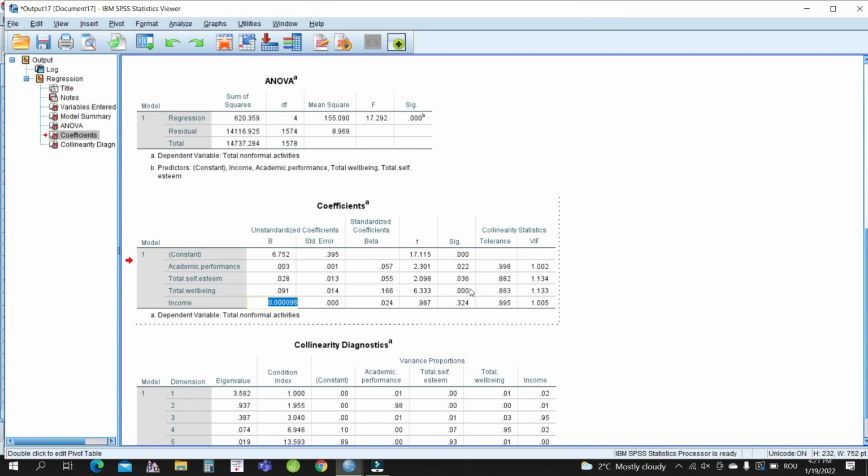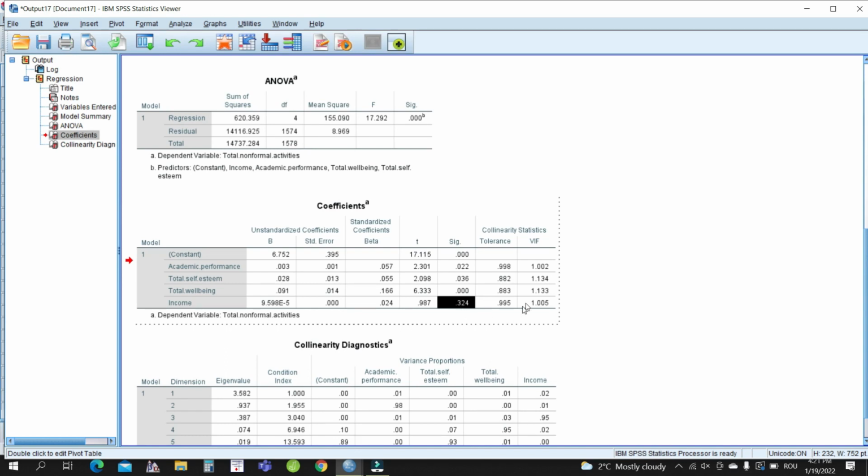As you can see, this probability, which is the p-value or the level of significance, is smaller than 0.05 for academic performance, self-esteem, and total well-being, which means that these predictors are actually significant predictors. The p-value for the income is higher than 0.05, which means that the income is not a significant predictor for the involvement in non-formal activities.